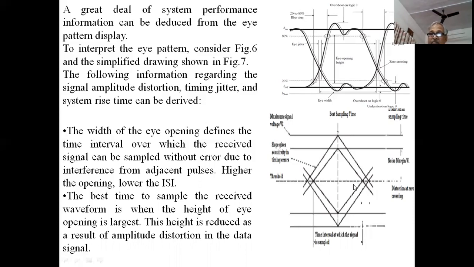The best time to sample the received waveform is when the height of the eye opening is largest. This height is reduced as a result of amplitude distortion in the data signal.